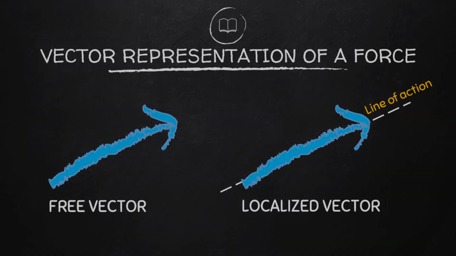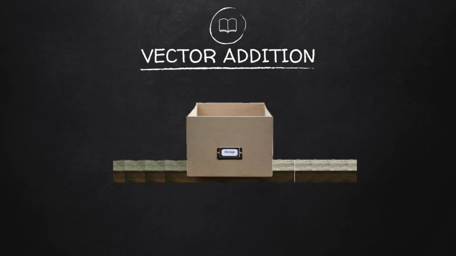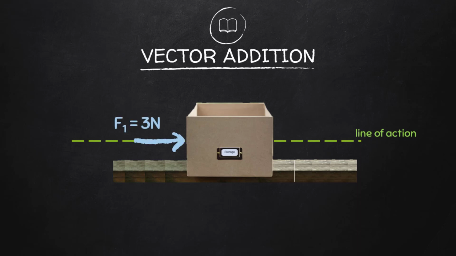Let us try to use the principle of vector addition to find the resultants of collinear forces. We have here a box that is placed on top of a floor. We have one line of action, and the force 1 equal to 3 newtons is pushing the box to the right, and the force 2 that is also pushing the box to the right of magnitude 2 newtons.